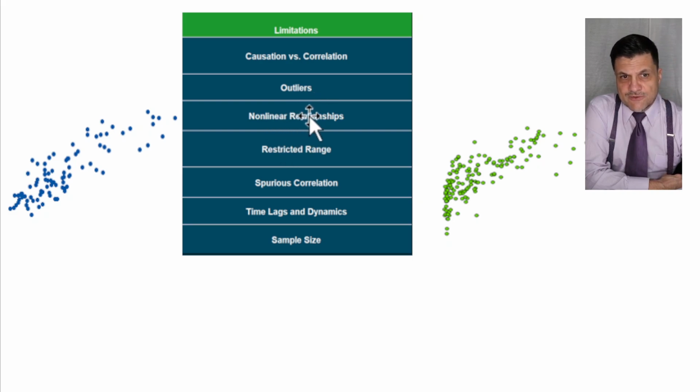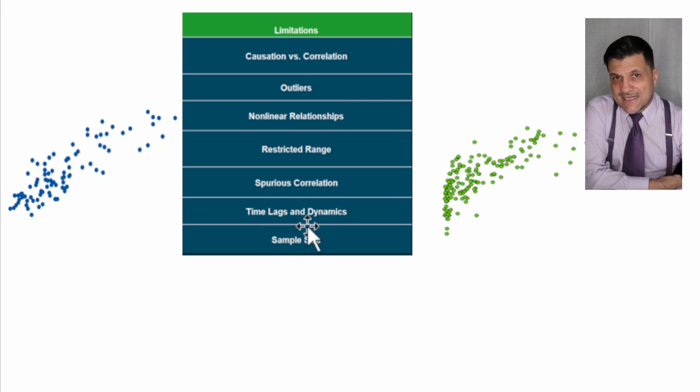A nonlinear relationship, one that doesn't follow a pattern like the blue lines here. Restricted range, so it's a small sample or a small number of data. Spurious correlation, when you believe that one caused the other but there's nothing to do with it.